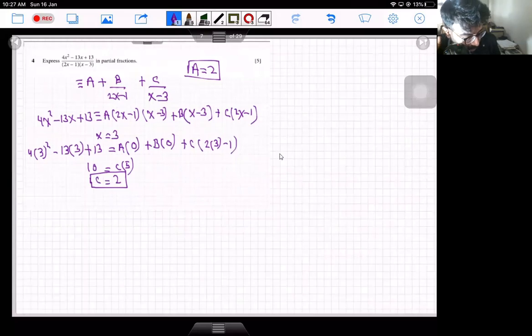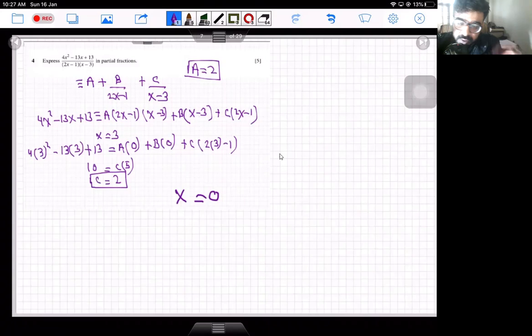So I am taking x is equal to 0, but this is only possible when, for example, you have three unknowns and two are found and you want to find the last one, or there are two unknowns, one is already found and you need to find the other. But always remember to use a value which has not yet been taken.